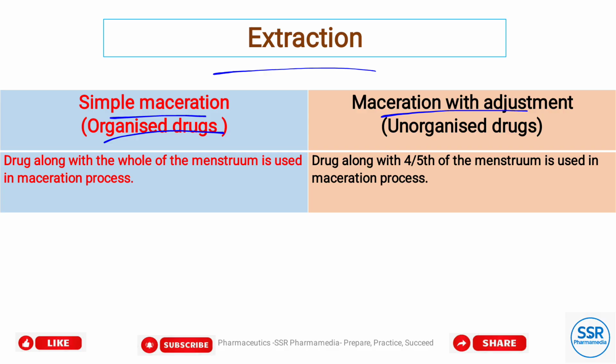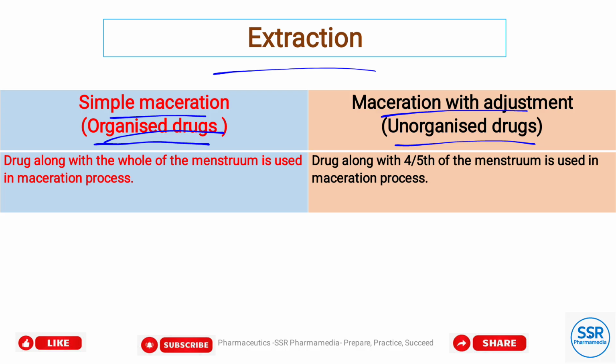And unorganized drugs means without structure, like gums, resins. Unorganized drugs do not have any defined structure, for example resins and gums, benzoin.